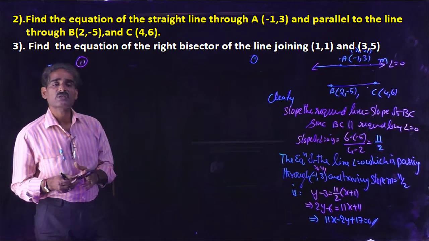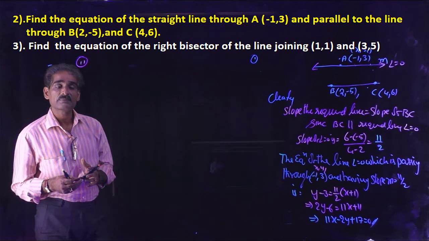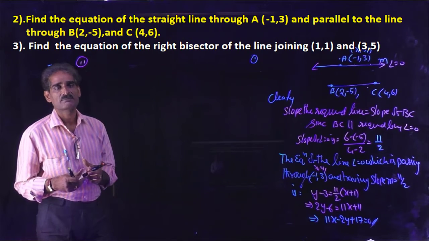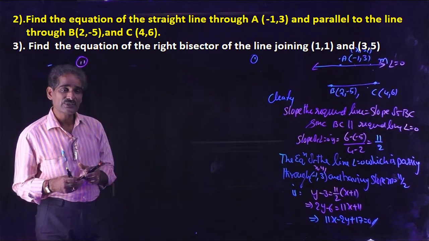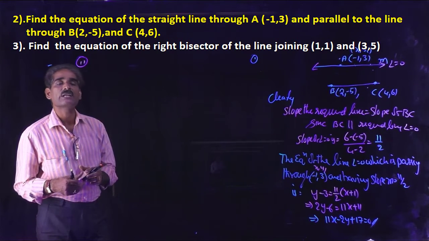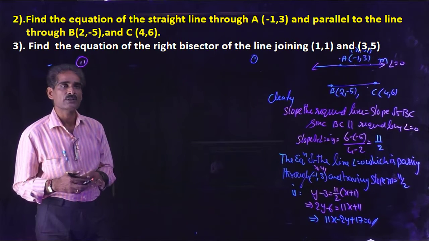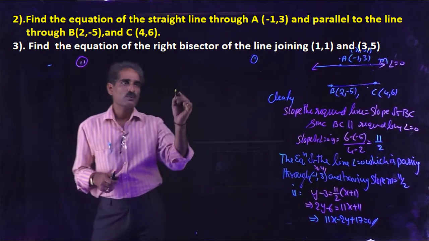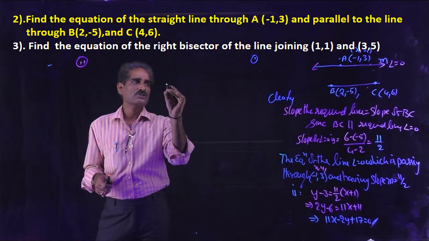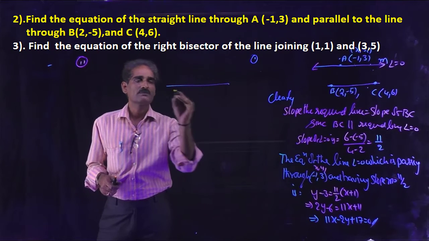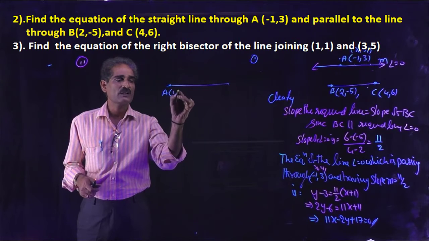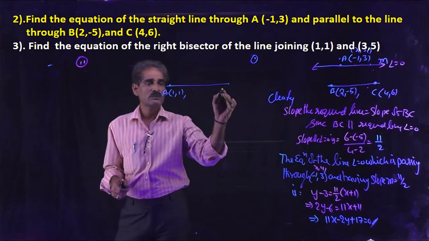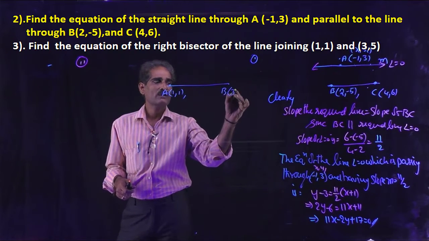Find the equation of the right bisector of the line segment joining 1, 1 and 3, 5. Suppose these are the positions of the two points. Let us take the first point A be 1, 1 and the second point B be 3, 5.